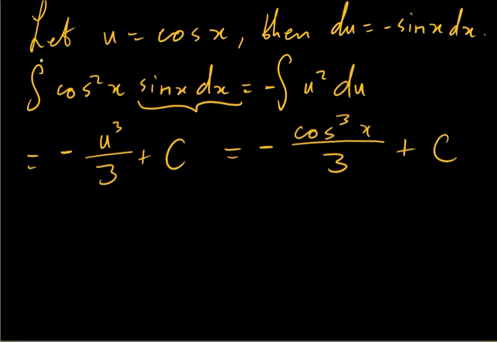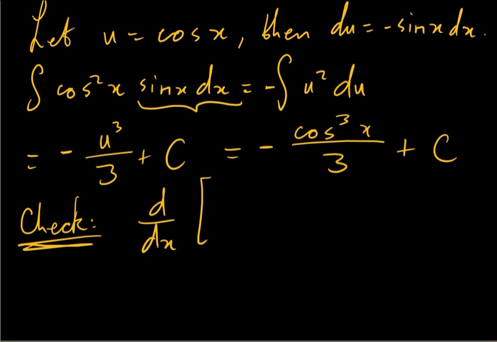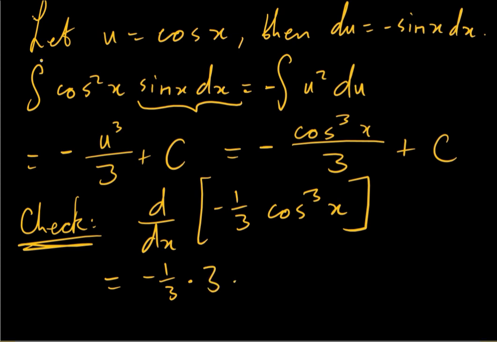And let's test it. Let's check. If we do d dx of negative a third cosine to the power 3 x, what do we get? Well, we get negative third, then we bring down the 3, and then we say cosine to the power 2, because the power 3 becomes power 2.